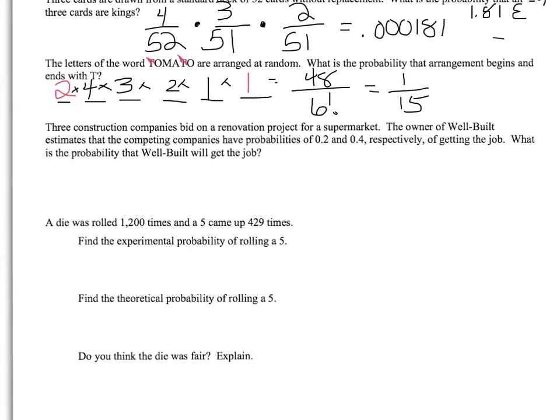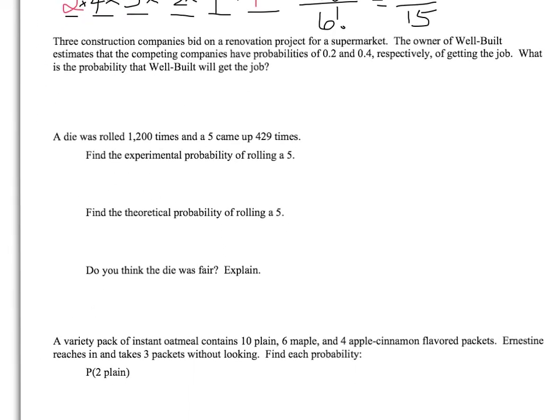Next one. 3 construction companies bid on a renovation project for a supermarket. So these 3 companies want to renovate the market. The owner of the Well-Built company says that their competitors have a probability of 0.2 and 0.4 of getting the job. I want to know the probability that Well-Built will get the job.